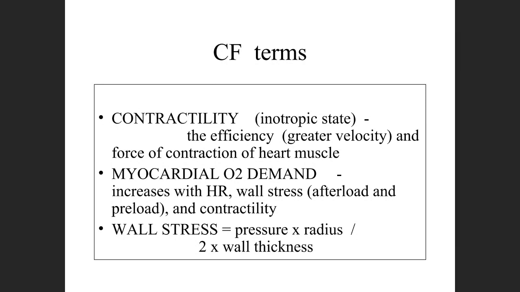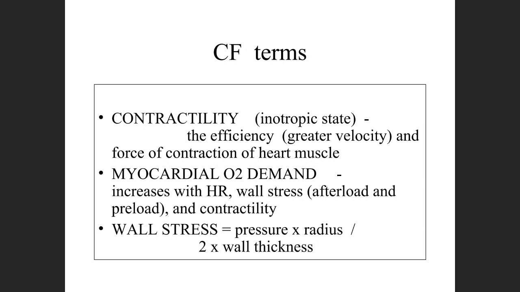Then there is myocardial oxygen demand, which increases with the heart rate, with wall stress, either afterload and or preload, and also once there is increase in contractility. This leads to increase in myocardial oxygen demand.